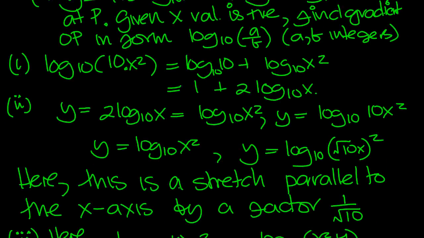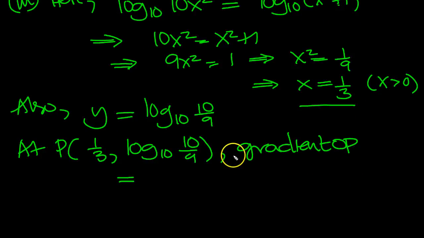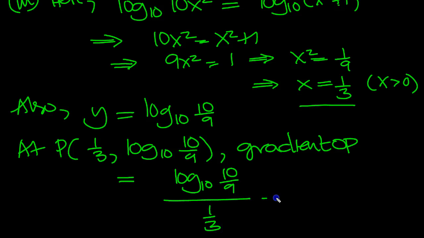Find the gradient OP in the form log 10 of A over B. So what have we got here then? The gradient OP is equal to the increase in y, which is log 10 of 10 over 9, over the increase in x, which is a third. So that's equal to 3 log base 10 of 10 over 9.